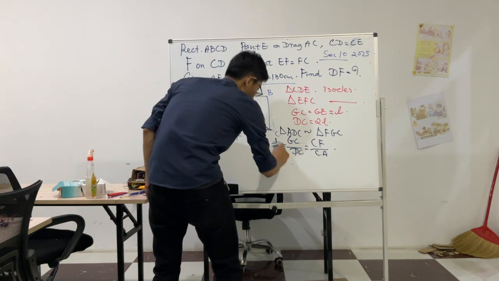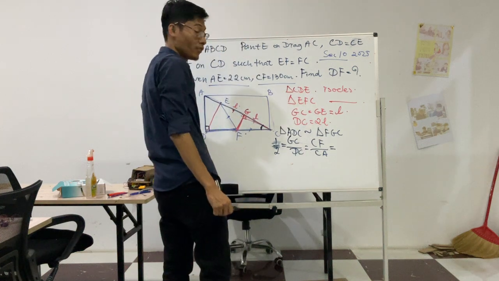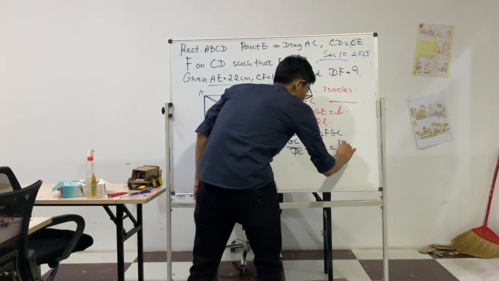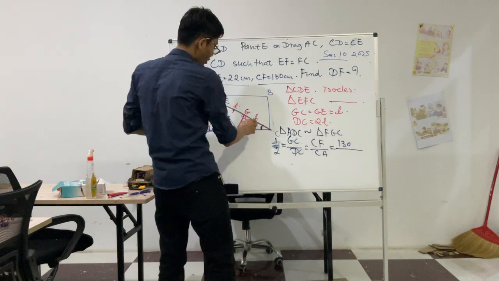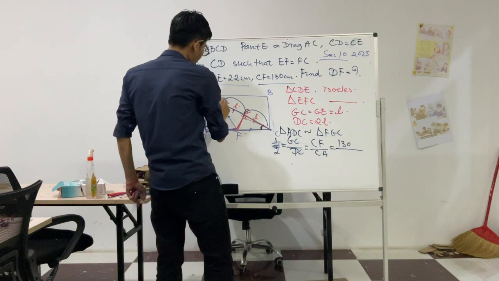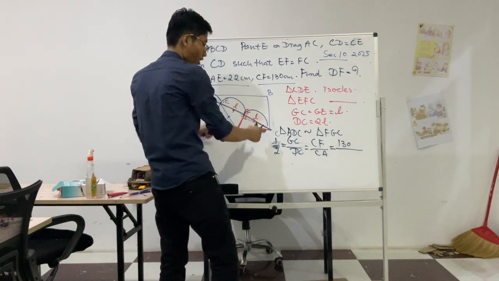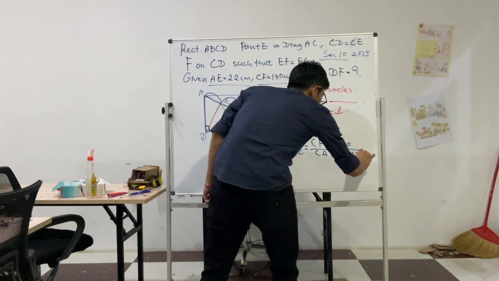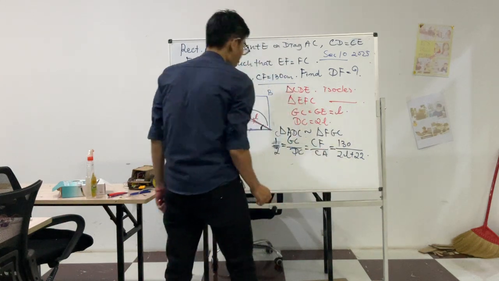And CF is equal to 130, they give you. And we have CA, which is the total here. This is 2L, and AE, they also tell you it is 22, so it is 2L plus 22.